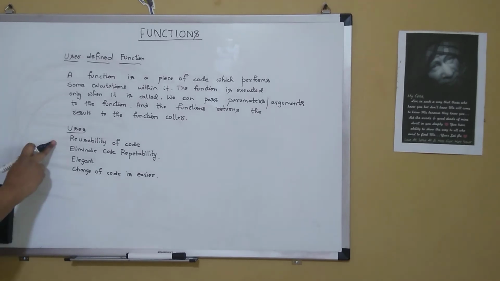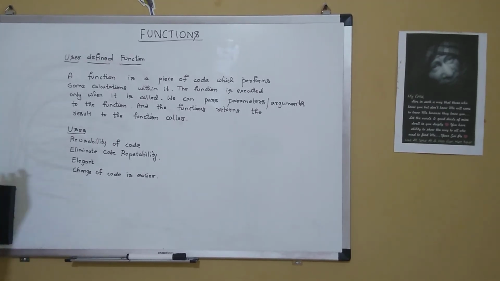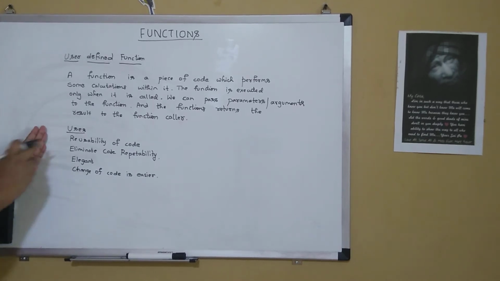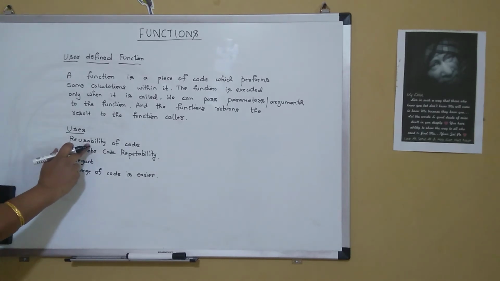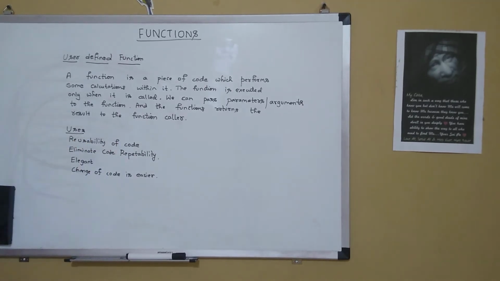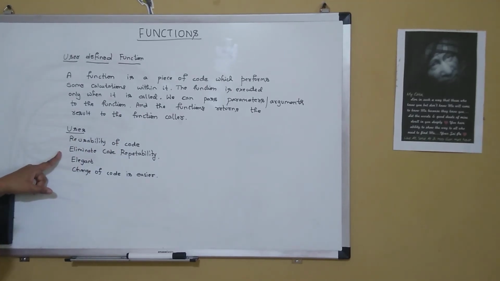So instead of using the same code again and again, we can write a function and call that function n number of times. So we are writing the code only once and reusing the code again and again. So we are basically achieving reusability of code, and we are eliminating code repeatability. Instead of writing the same code again and again, we are writing it once.